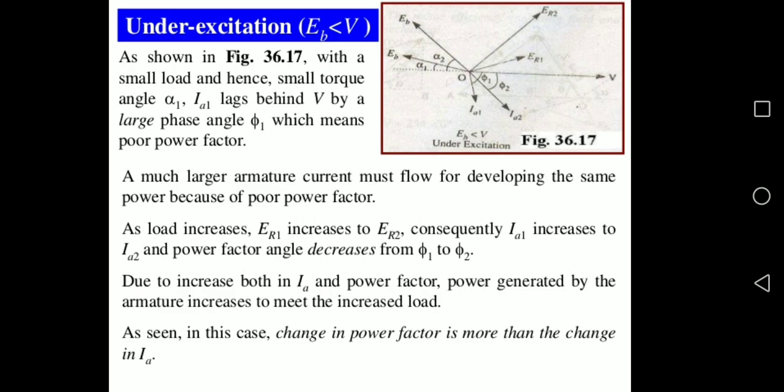Due to the increase in both IA and power factor, the power generated by the armature increases to meet the increased load. It seems in this case the change in power factor is more than the change in armature current.